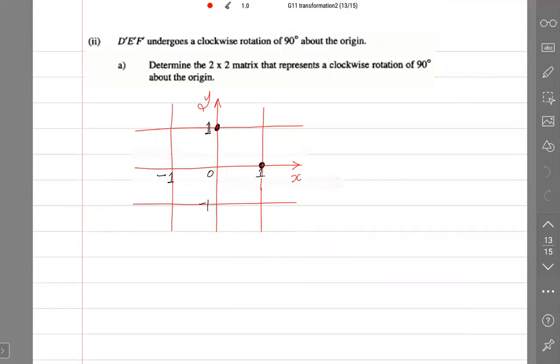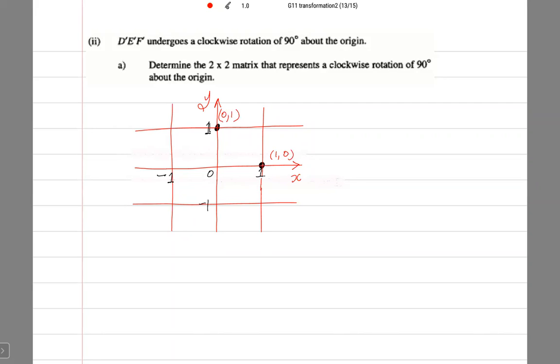Now, this is something that I didn't tell you before. Whenever you're asked to determine a 2 by 2 matrix that represents a particular transformation, what you need to do is apply the transformation to these 2 points. The 2 points are (1, 0) and (0, 1).